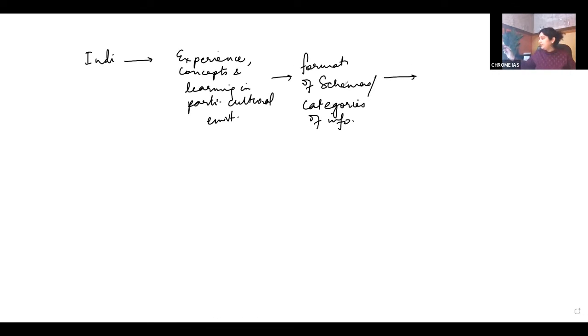These categories and schemas, what do they do? They guide his actions. Of course, they will guide your actions. And finally, what will it lead to? I told you to use the keyword of the question. It will lead to adaptation to the environment. Clear? It is this easy.